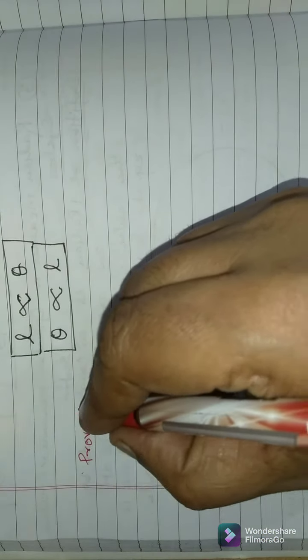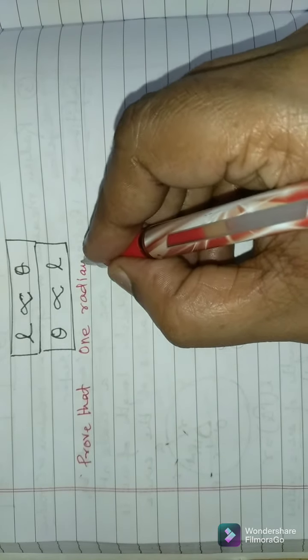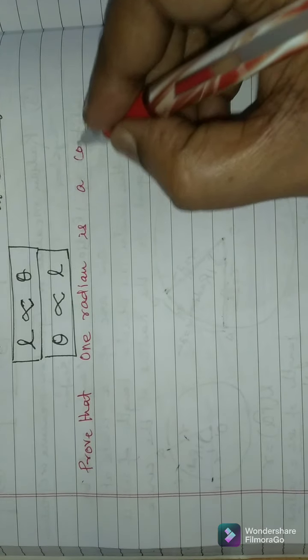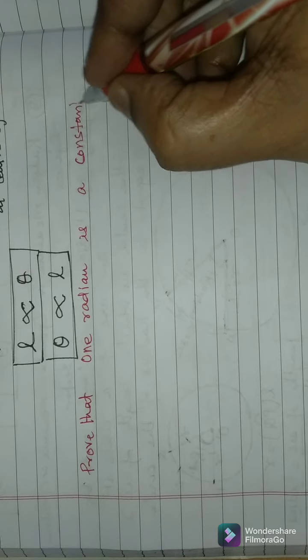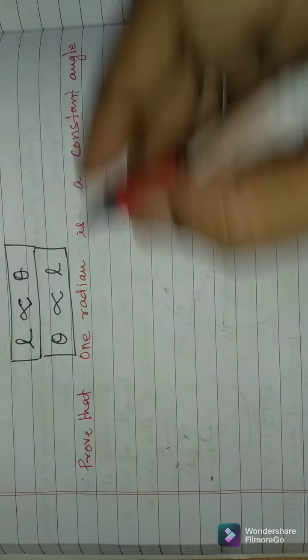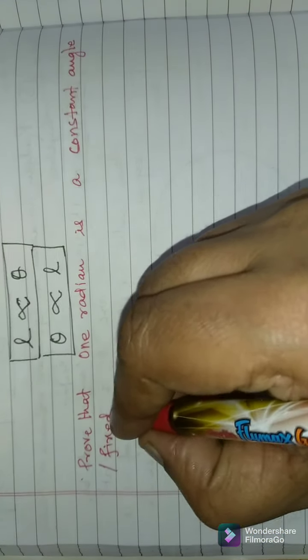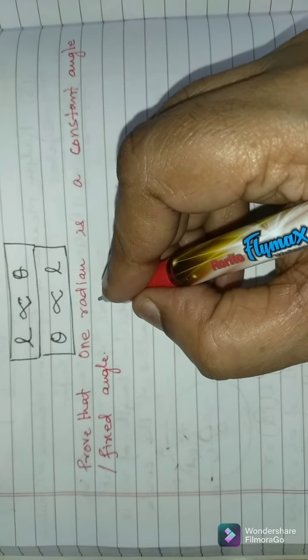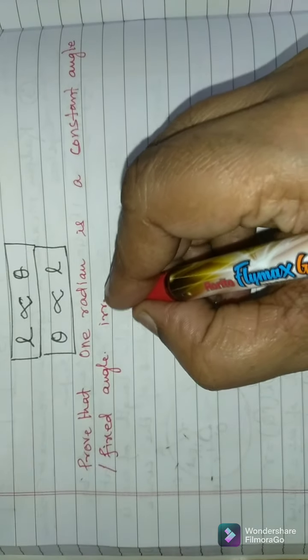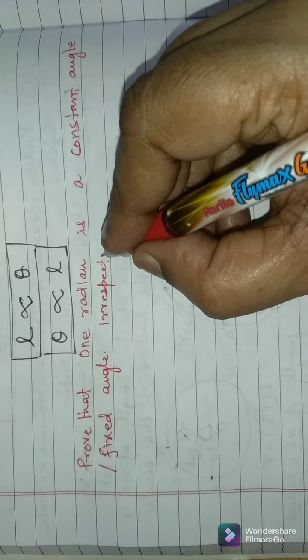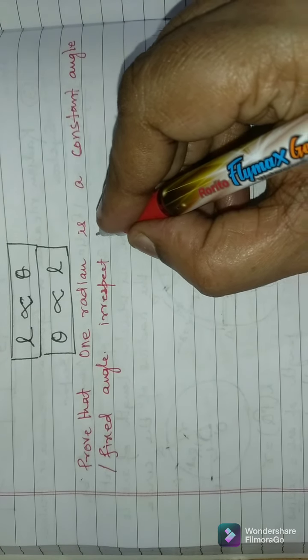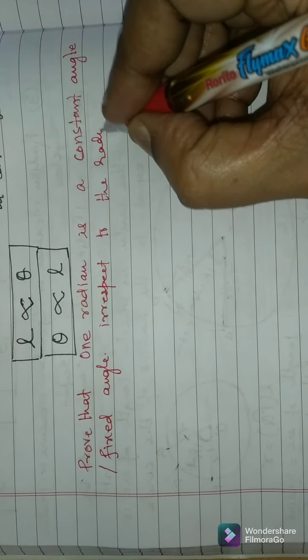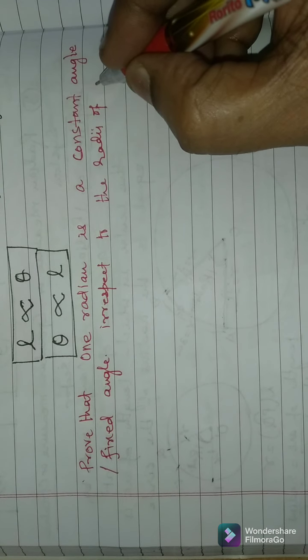So now I am coming to show, prove, that 1 radian is a constant or fixed angle irrespective of the length of radius of the circle, irrespective of the radii of circles.